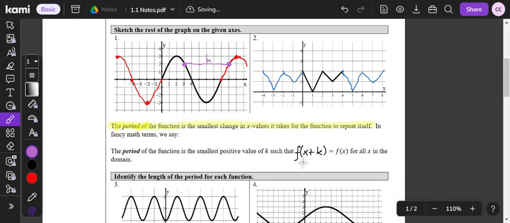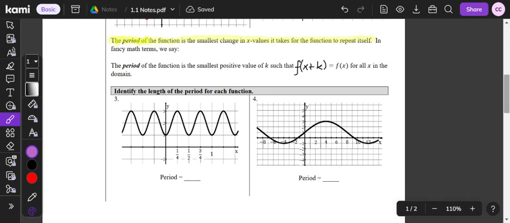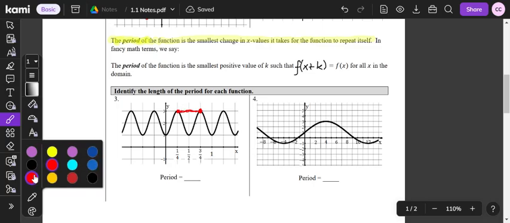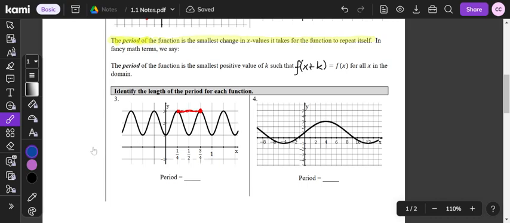Very good. In fact, when we look at these next two examples, my suggestion to you, the easiest way to identify the length of the period for a function is to either count from peak to peak, so figure out what that distance is, or to count from valley to valley, figure out what that distance is.